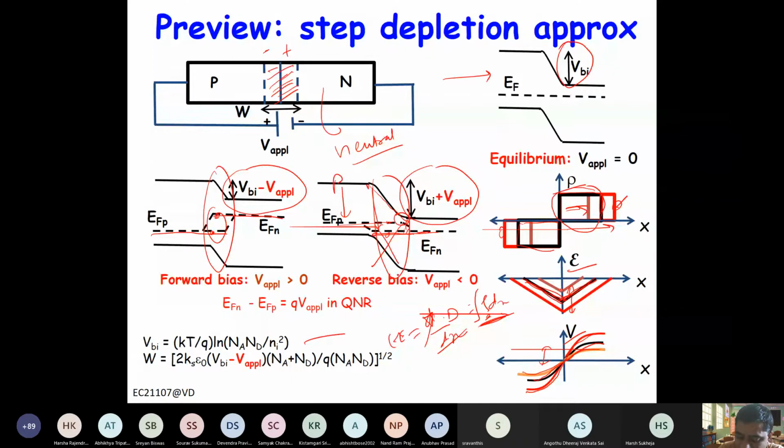Now the sign is negative here because we have pn. If you make it np, then it will become positive. But the magnitude of the field will increase for wider depletion width, that is reverse bias, and the magnitude of the maximum electric field will decrease for forward bias or narrower depletion width. Correct? Is it okay now? Yes, sir. Okay. Thank you.